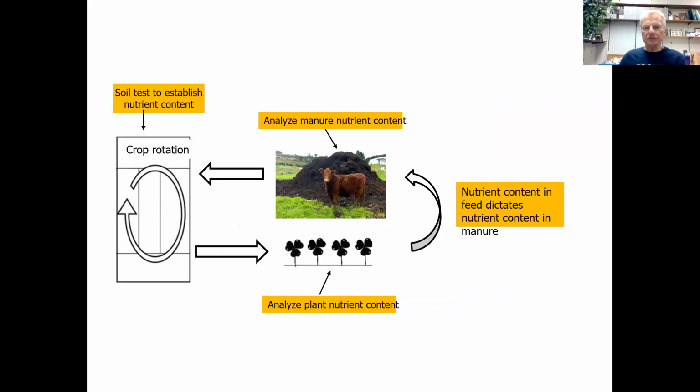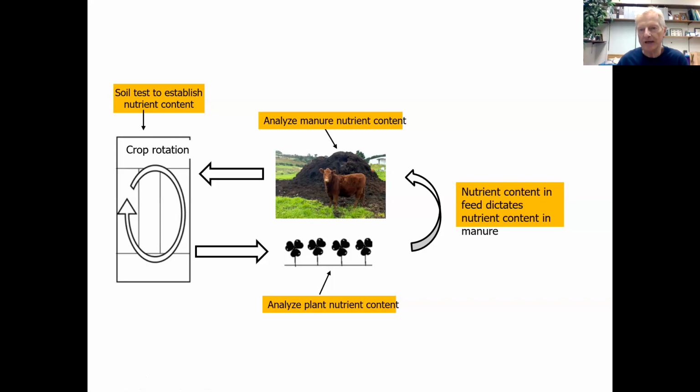So we can also get scientific about this, and I think it's really important to get scientific. Basically, we got the crop rotation here on the left now, and what I'm trying to depict here is that if we have a phosphorus deficiency in our pasture, and we use that phosphorus to feed livestock, that manure is also going to be phosphorus deficient.